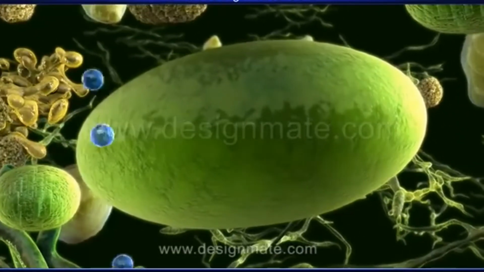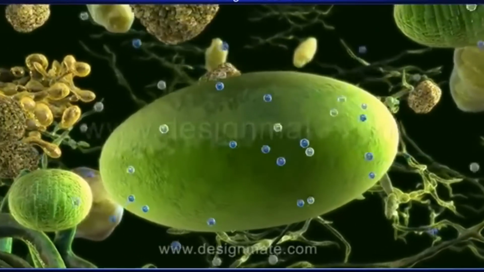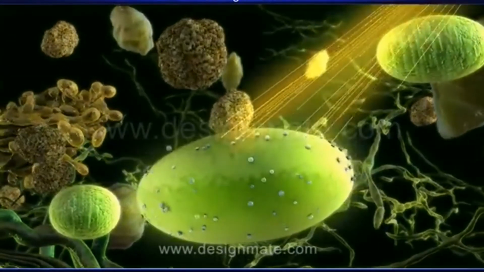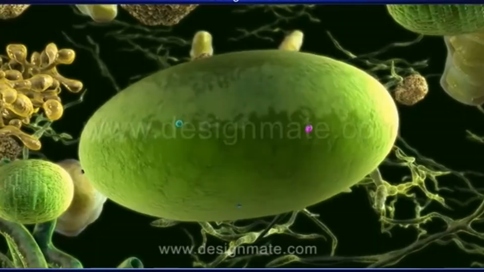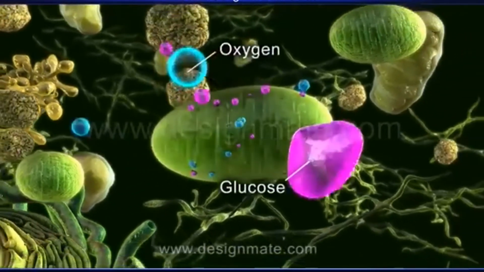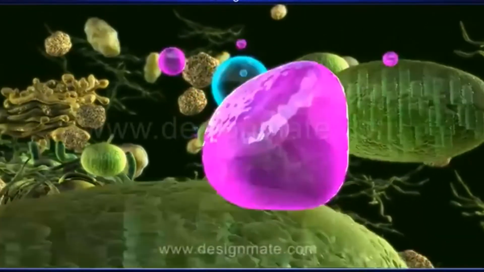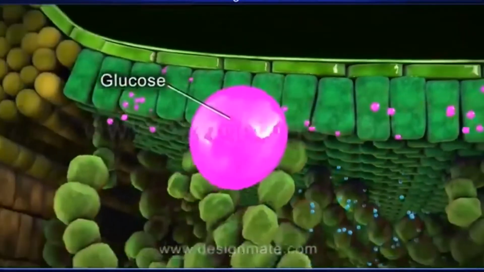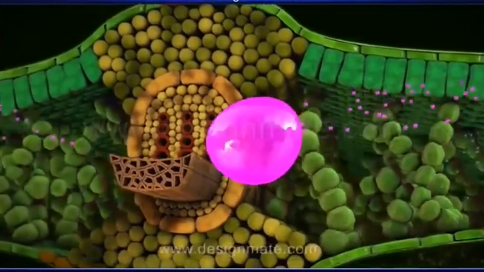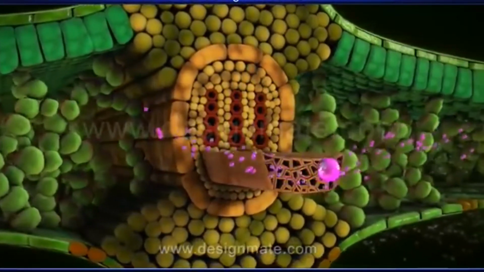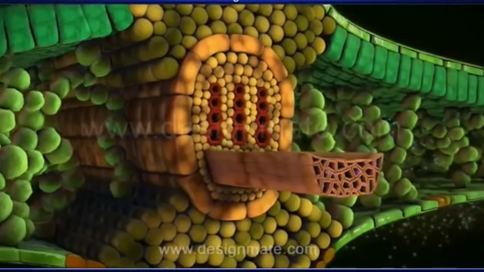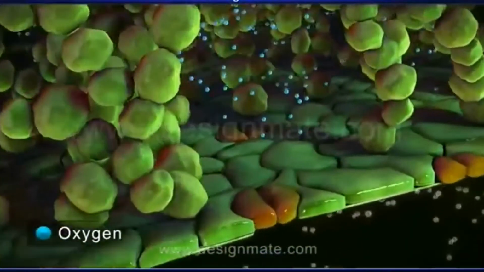Carbon dioxide and water are combined together to form a simple carbohydrate, glucose. This glucose is used by the plant for various energy purposes. Excess glucose is stored as starch in different parts of the plant.